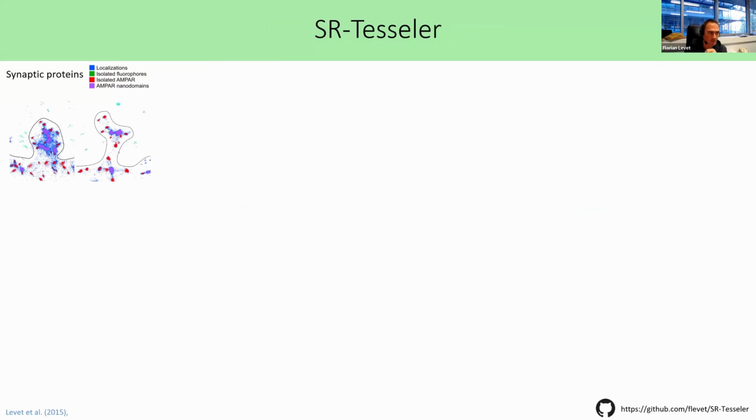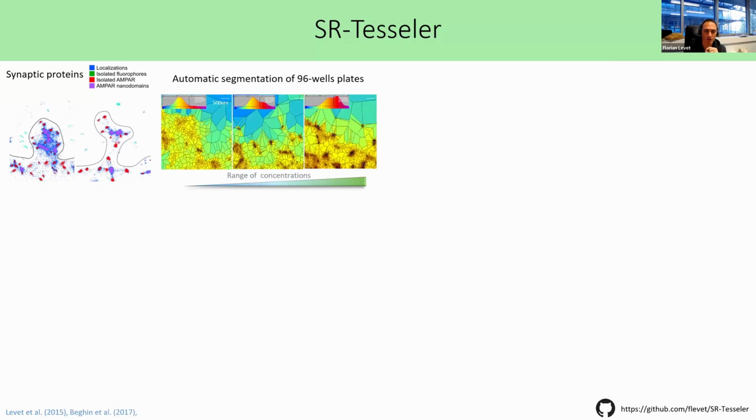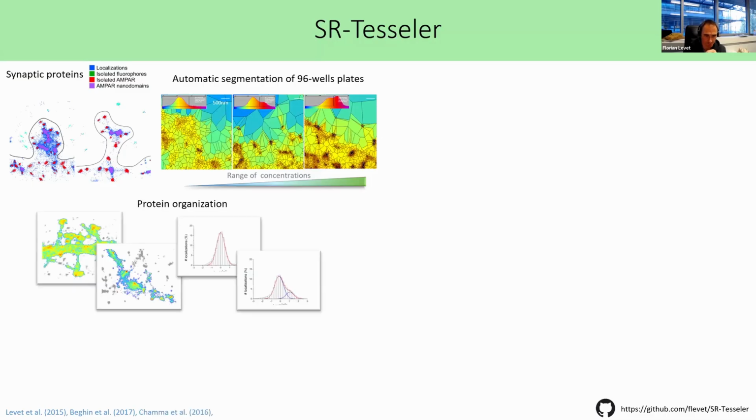And so this we have done, we used this technique in order to do quantification of some synaptic protein, in particular the number of AMPA receptor in nanodomain. We also use that in order to do some automatic segmentation of a range of concentration of antibodies that were acquired with our high content screening, a single molecule localization microscope.